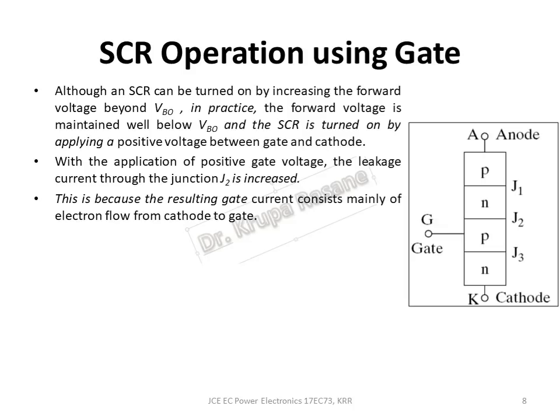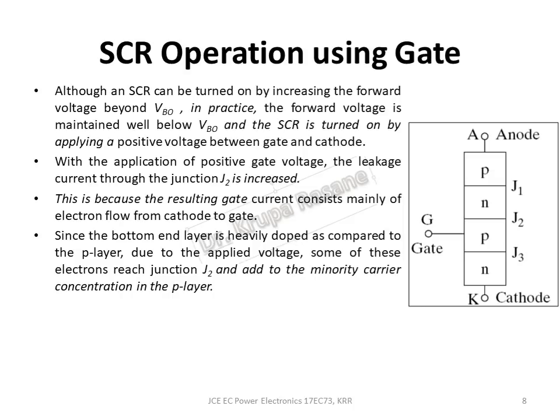This is because the resulting gate current consists mainly of electron flow from cathode to gate. So from cathode to gate, it is the electrons that are flowing.